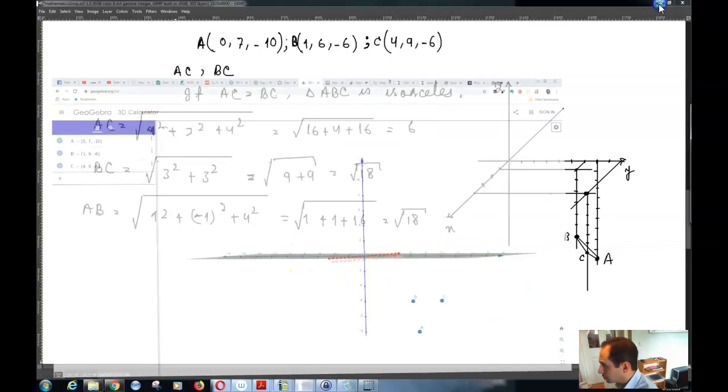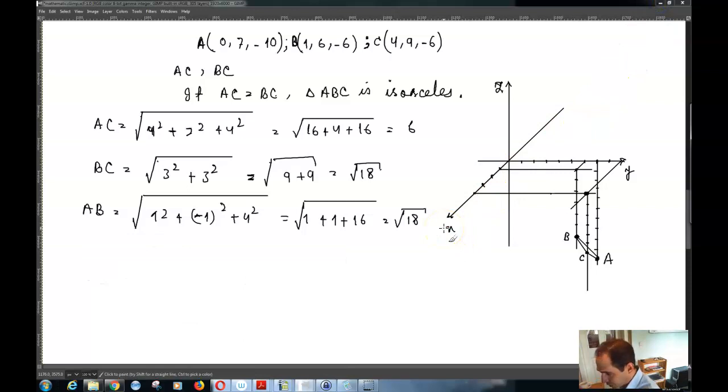So now we showed that AB is equal to BC, and so the triangle ABC is an isosceles triangle. But you need to be careful with these points, and they can very easily mislead you, because here you're looking at things in three-dimensional space, and your mind is accustomed to a 2D system when it comes to rectangular coordinate systems.